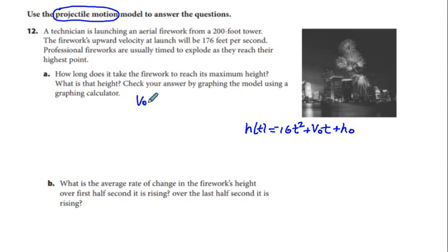And v sub 0 is what we call our initial velocity, so an object that goes into the air, and h sub 0 is going to be our initial height or elevation. Now, as it so happens, this equation or formula is for units in feet.